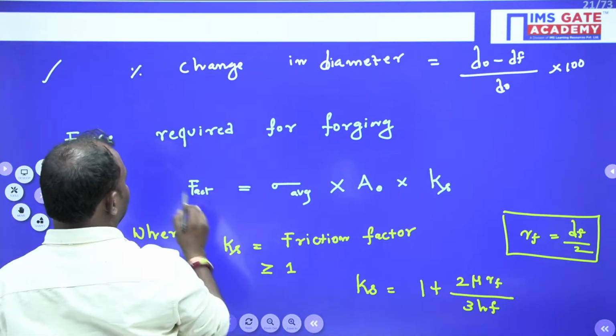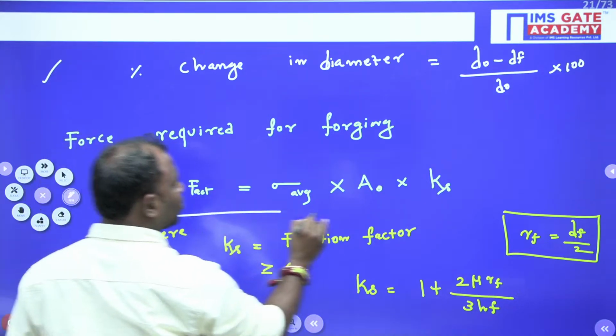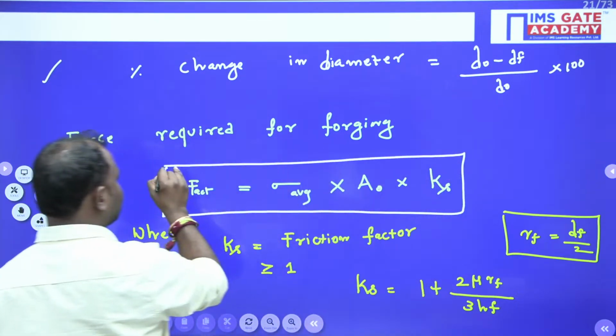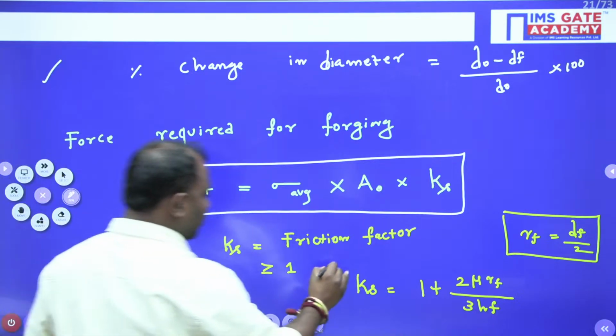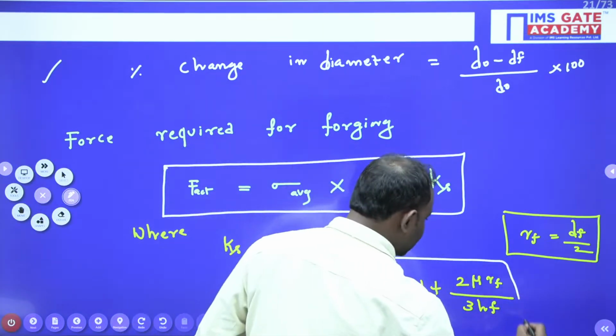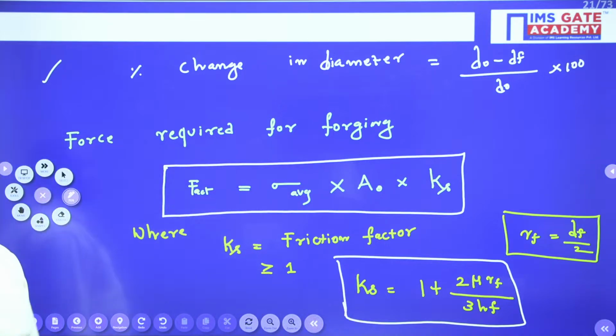Now force required for forging is equal to this formula, right? Now here Ks is equal to 1 plus 2 mu Rf by 3 Hf. Clear everybody? Where mu is the coefficient of friction. Now how to calculate sigma average?